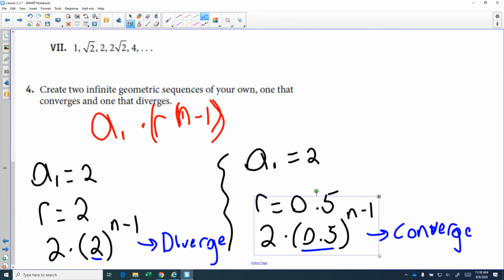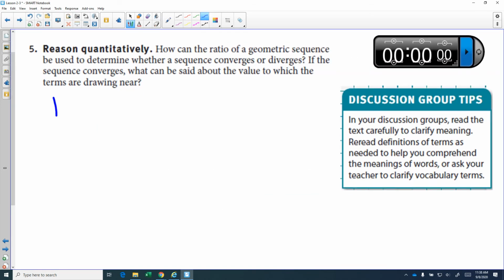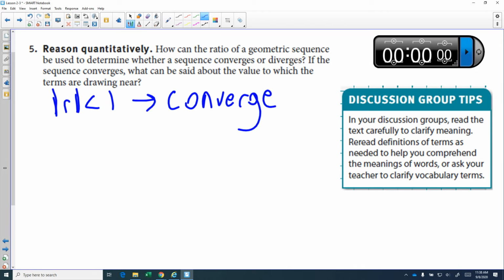And so we can basically make an assumption about these problems. If the absolute value of R is less than 1, and I put absolute value in there because I'm not allowed to have a negative ratio, then automatically I can assume that this is a convergent statement. And this one's going to converge to 0.